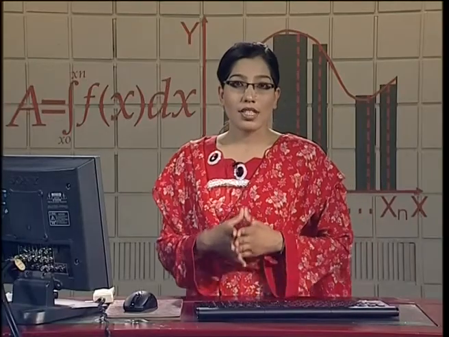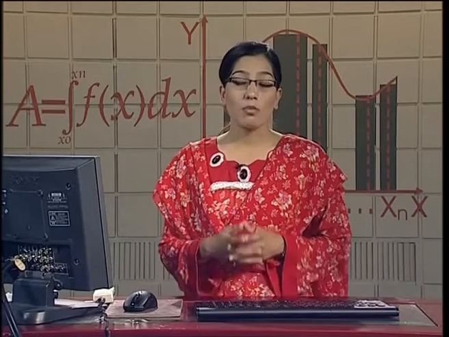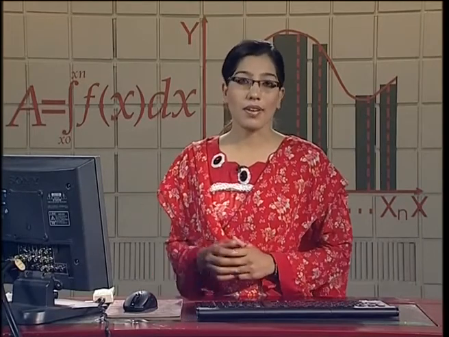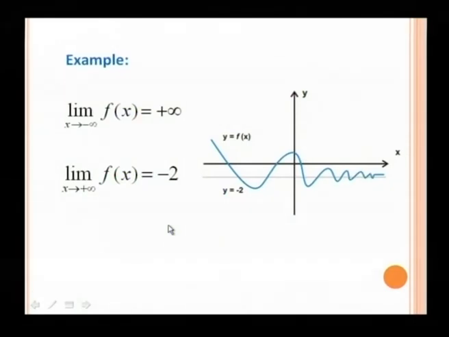To understand the concept of limit at infinity more clearly, we will consider one more example which you can see on the screen. For this example, when x tends to minus infinity, f of x increases without bound and consequently approaches no fixed value. So over here, the limit for x tends to minus infinity f of x does not exist, or it tends to plus infinity, which is clear from the graph.